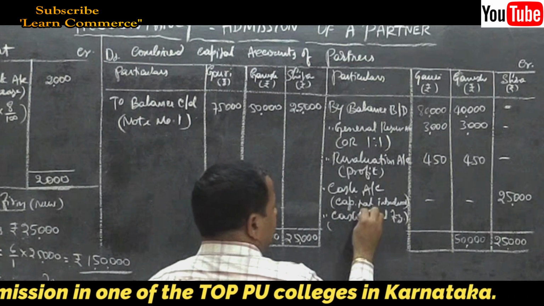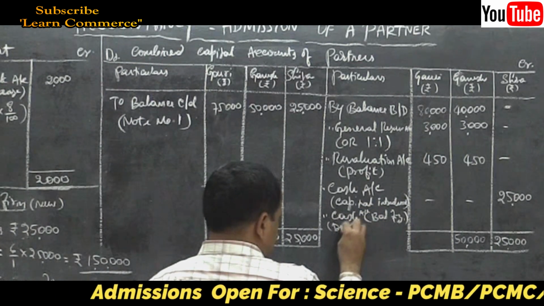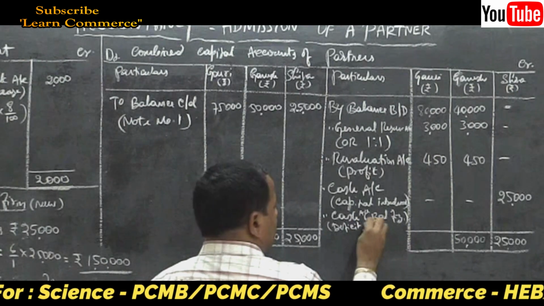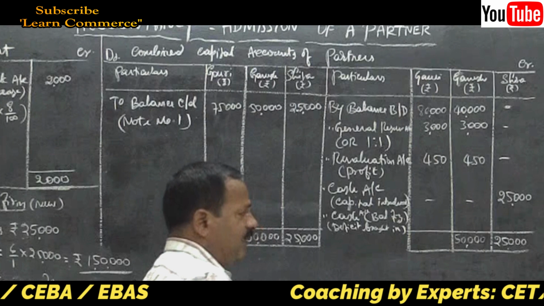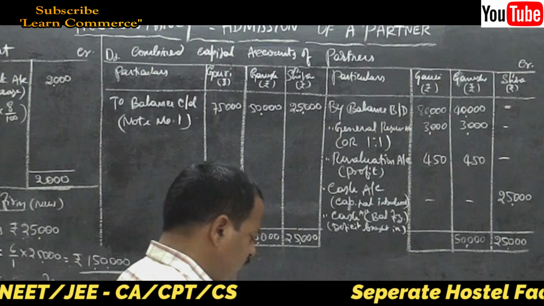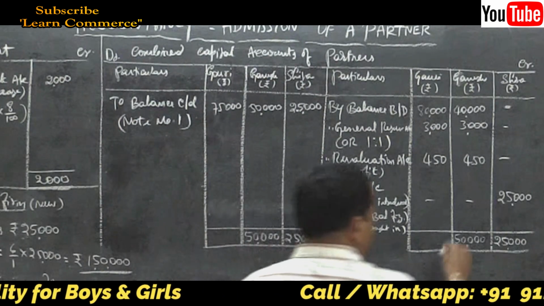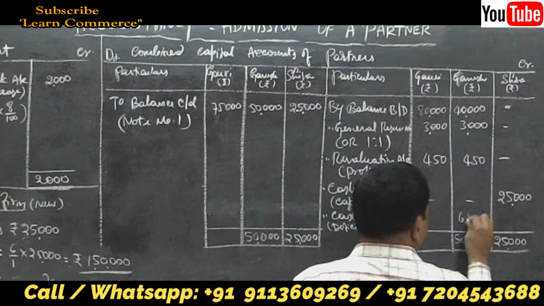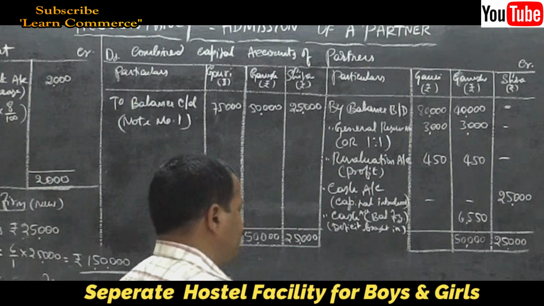By cash account, balancing figure, deficit brought in, written within brackets. How much is it? 6,550. That is the shortage.